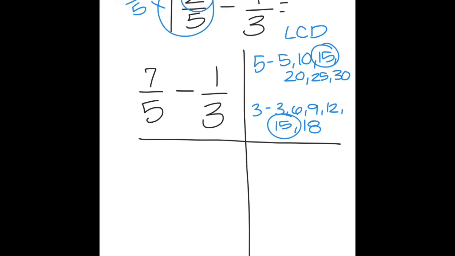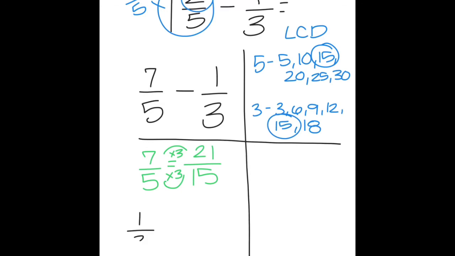So that's going to be our new denominator. All right, so I'm converting 7/5 into 15ths. Thinking about how do we get from 5 to 15, I'm multiplying by 3. Whatever I do to the bottom, I have to do to the top. 7 times 3 is going to give me 21.